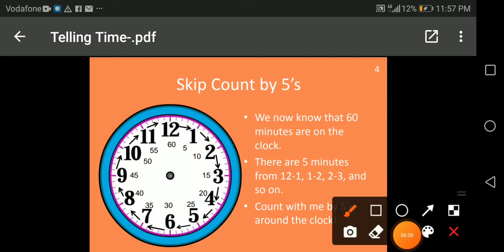What about if I say it's 2:30? We have 2 and then 2:30. So this means the short hand points to 2 and the long hand points to 6. Why? Let's see together.